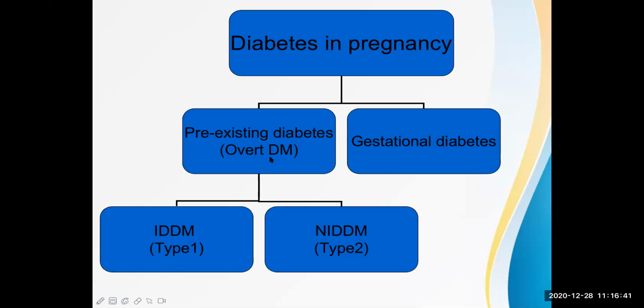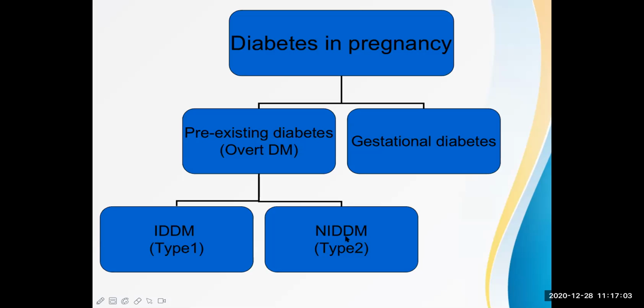Now, this overt or chronic diabetes can be of two types, type 1 and type 2. Type 1 is also known as insulin-dependent diabetes mellitus, IDDM, and type 2 is non-insulin dependent diabetes mellitus, NIDDM.